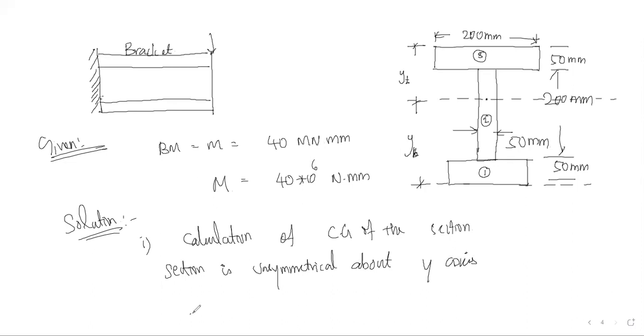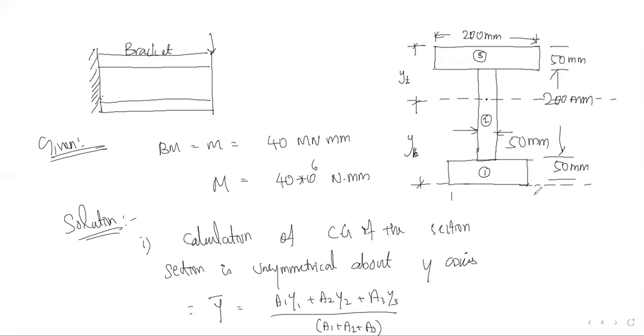Okay. Therefore, y bar is equal to a1 y1 plus a2 y2 plus a3 y3 divided by a1 plus a2 plus a3. So here a1, a2, a3 are the areas of the individual plates. Okay, and y1, y2, y3 are the centroidal distances of the individual sections from the bottom, or from the base.